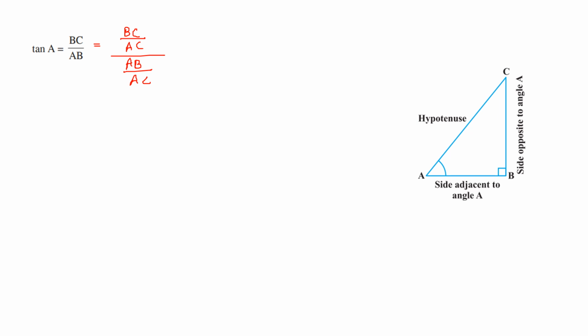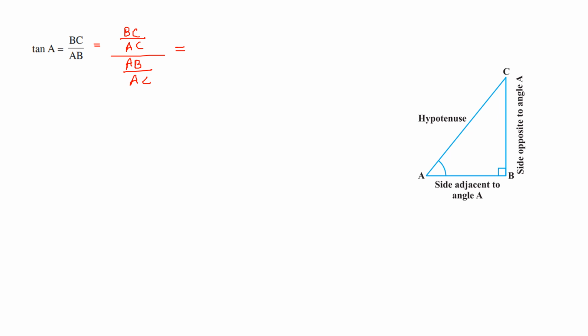And we know that, right? If you divide or multiply the numerator and denominator by the same number, the value remains the same, isn't it? Now BC by AC is what? It is sine A. If you remember the trigonometric ratios, sine A is side opposite to angle A, which is BC, by hypotenuse, which is AC.